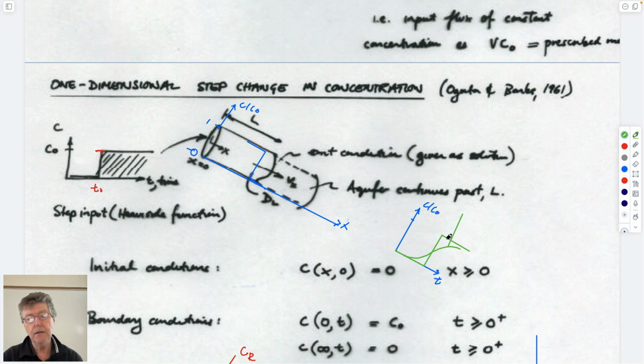So this would be maybe a Peclet number less than 1, and this might be a Peclet number going to infinity. Big number.